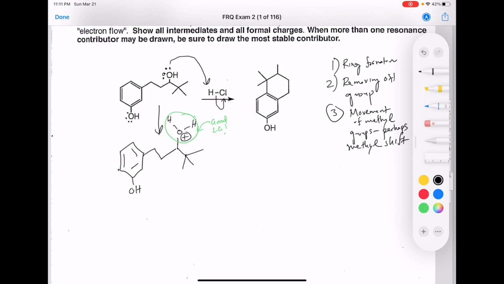And the question you might be asking is, well, why didn't I try protonating the OH next to the benzene ring? The reason why the OH here can't really engage in an acid-base reaction with the HCl is because the OH group actually serves as a resonance EDG, or resonance electron donating group.